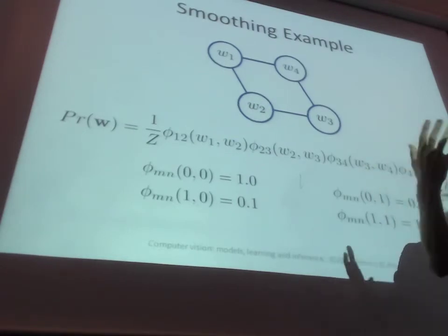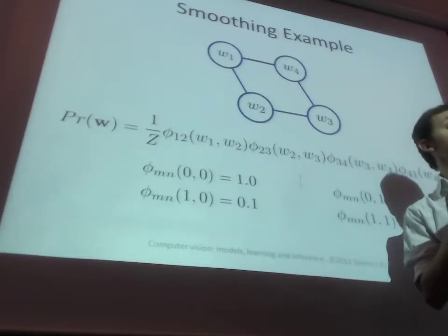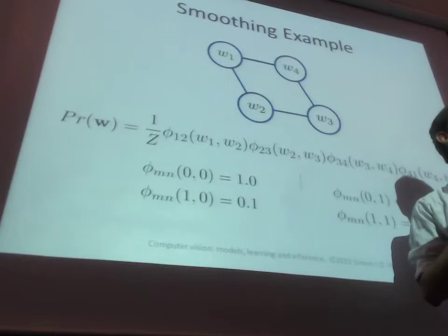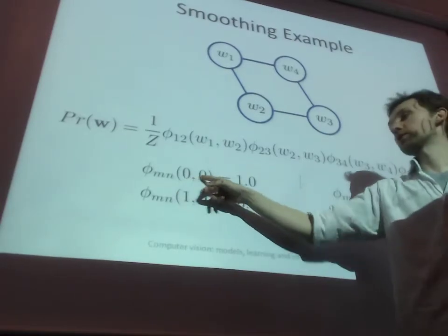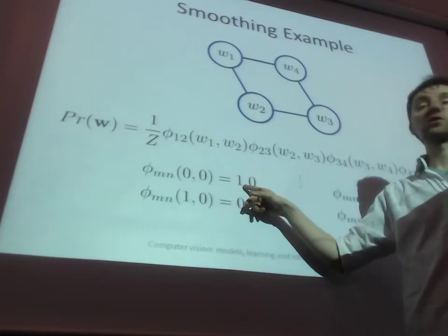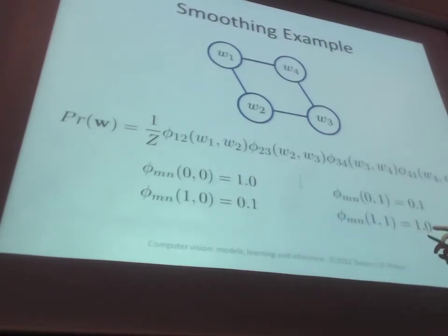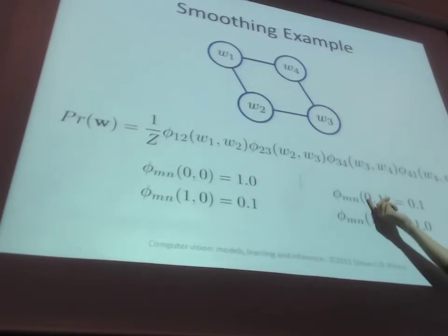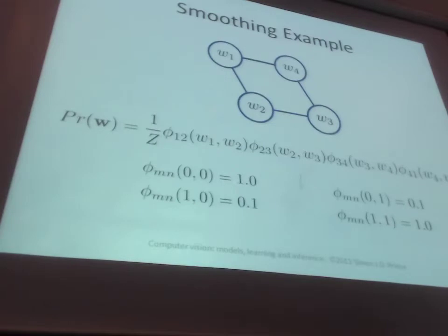But it just so happens, let's say to keep things simple, we've chosen that all the phi's are basically the same. They're just looking at the states of the variables and checking whether they're 0 or 1. If they're both 0, I'm going to have a high potential. If they're both 1, I'm going to have a high potential. And if one of them is 0 and the other is 1, I'm going to have a comparatively low potential.